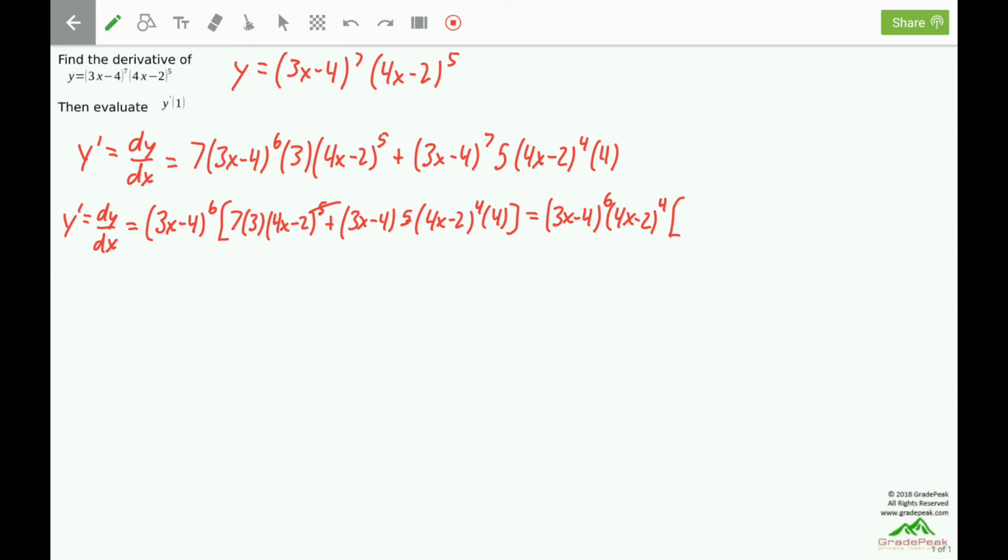And then for the second expression, it's going to remove all of them. So it looks like we'll have a 7, a 3, a 4x minus 2, plus, and we will have a 3x minus 4, a 5, and a 4.